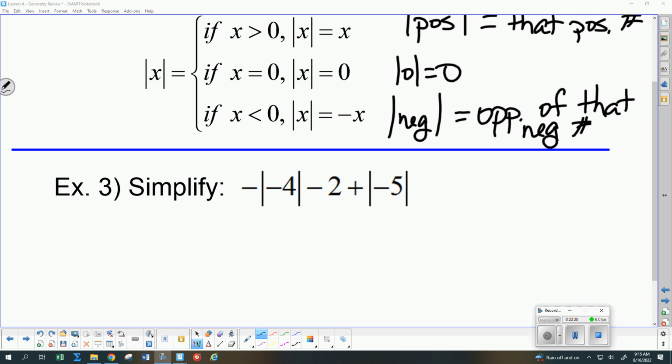Minus signs can never go through an absolute value bar. So we keep that opposite of, and then just whatever the absolute value of -4 is, which is a 4. So the opposite of 4, and then -2, and then plus, and the absolute value of -5 is the +5. Put those three together in whatever order you want.